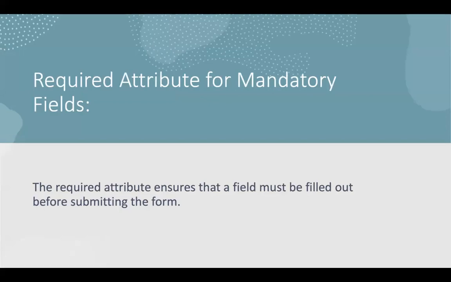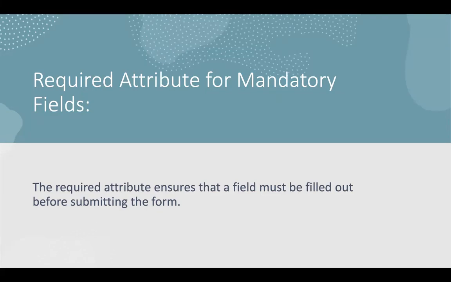So if we need to fill some fields mandatory, that means before submitting the form, if we need such a field, we can give required attribute. That means if we didn't fill that element or a field, it will not submit.